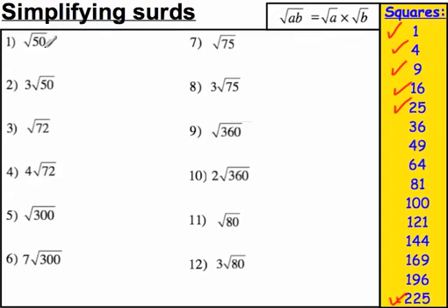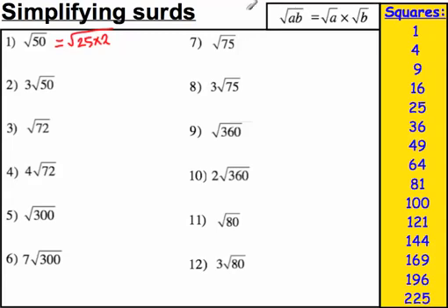Imagine I'm asked to simplify the surd the square root of 50. The first thing I do is look down my square numbers which are less than 50, starting off with 49. Decide which is the biggest number that divides into 50. 49 doesn't, 36 doesn't, 25 does. 25 goes into 50 twice, so I can write the square root of 50 as the square root of 25 times 2.